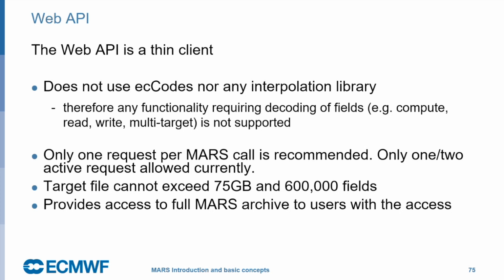Of course, with the Mars client, you can do more. This is a restriction on top of normal Mars restrictions. And there is a restriction for the target size, which cannot exceed 675 gigabytes per request, and 600,000 fields, which is a lot, but maybe if you are getting all the surface data from all the ensemble members, that is usually more than 600,000 fields, so you would need to split this in half if you are doing it over the Web API, while from the Mars client on the Atos, you can do it at once.